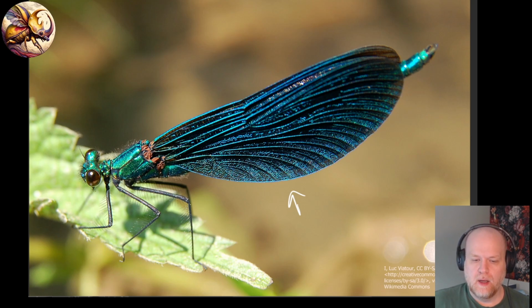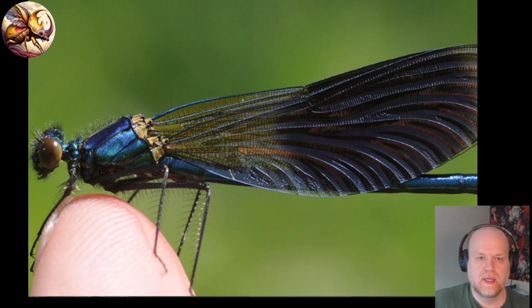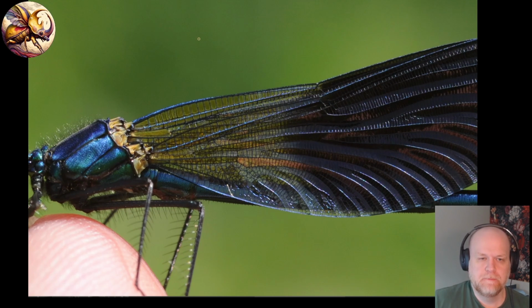Additionally, they tend to have tons and tons of crossveins. It's kind of hard to see in this picture, but there's a ton of crossveins here. I have another picture of the Calopterygidae with a little more backlighting, so it's much easier to see.